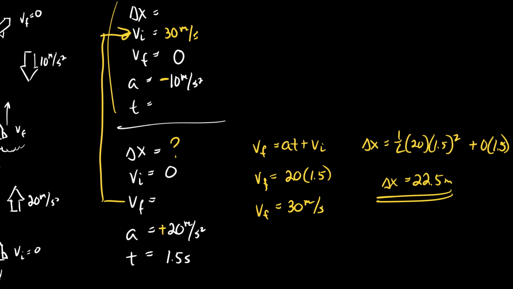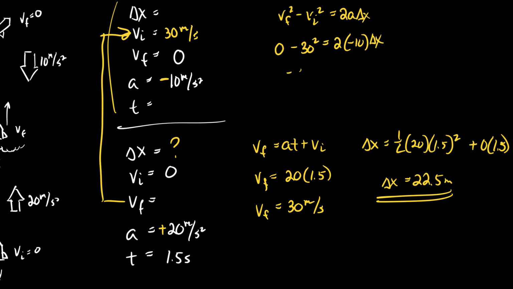We need delta x in the top, so I'm going to choose a relationship that has these 4 things in it and ignore time. So that's going to be VF squared minus VI squared equals 2a delta x. So 0 minus 30 squared equals 2 times negative 10 times delta x. 30 squared is 900.